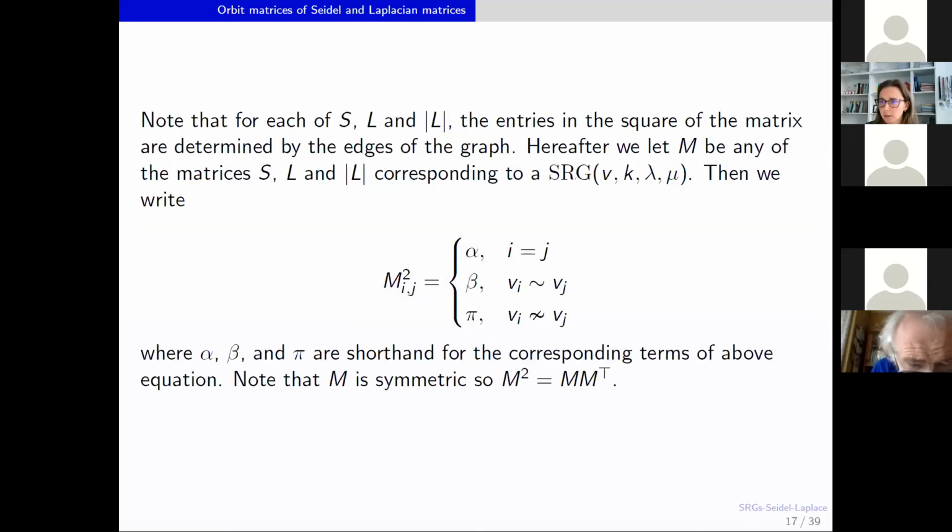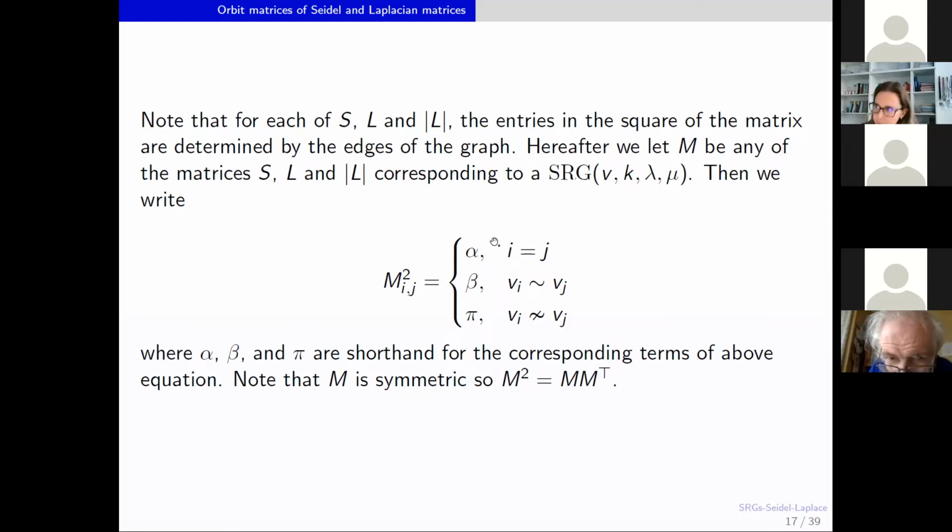So just to have more concise names, we will hereafter use M to denote any of the matrices S, L, or signless Laplacian corresponding to an SRG.